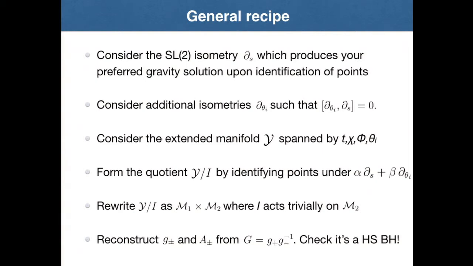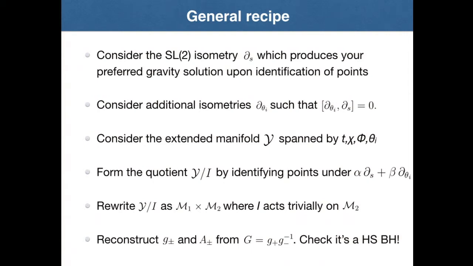And then you consider the extended manifold, which is spanned by all these coordinates, including the parameters of the new isometries, to be interpreted now as coordinates, and then you consider the quotient where you identify points under an isometry which is a suitable linear combination of the isometries that enter the game, so the gravitational one plus the additional ones.